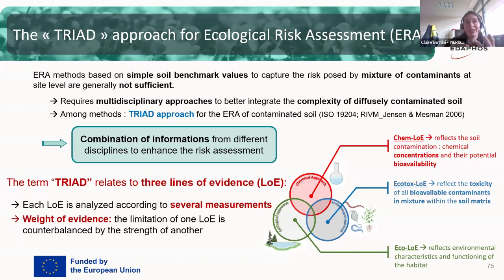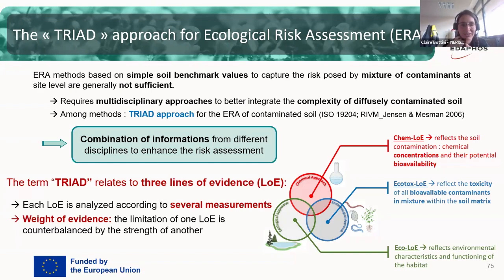The triad has 3 lines of evidence coming from the chemical, ecotoxicological, and ecological points of view. In each of those lines of evidence, we have multiple measures that we can input, and then all 3 lines of evidence are brought together into a value between 0 and 1, which gives a different weight of evidence to give this integrated risk assessment.